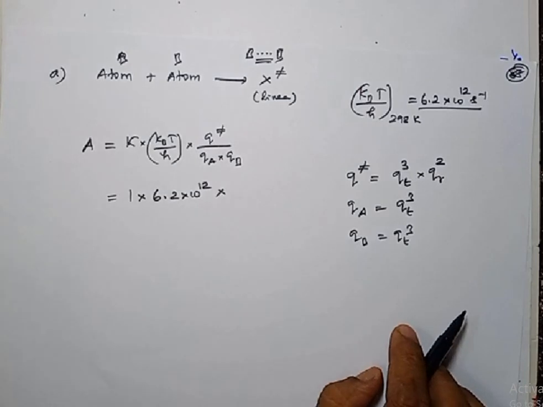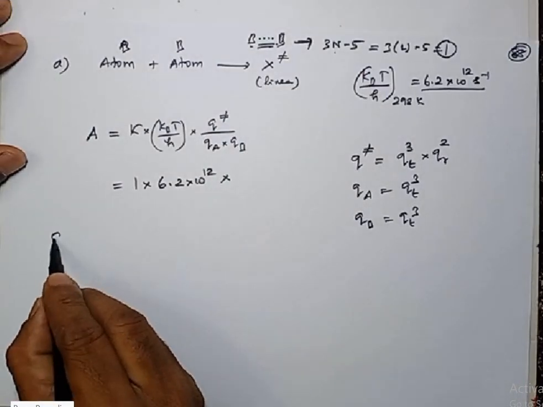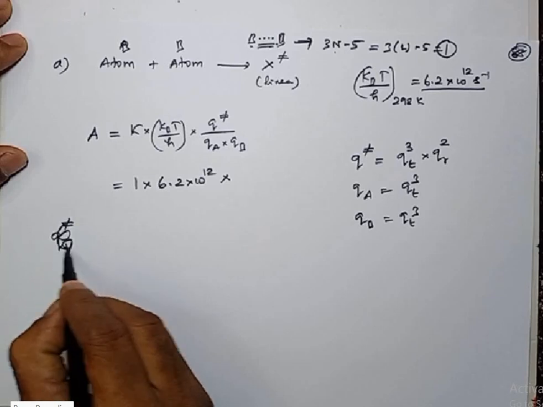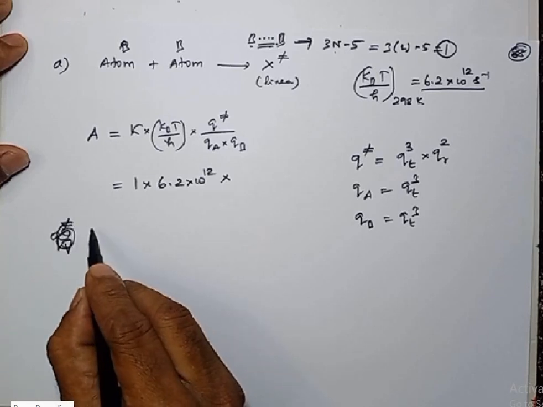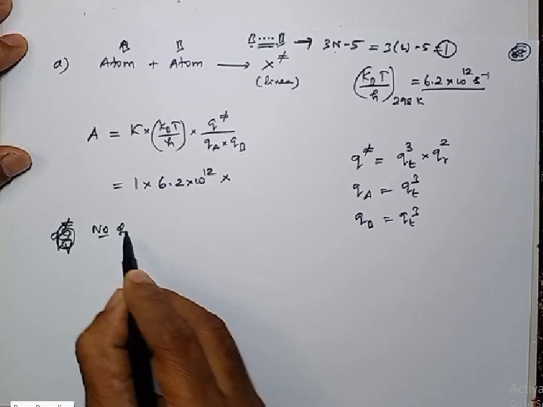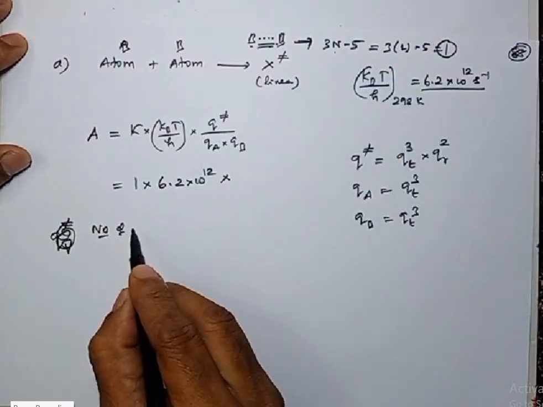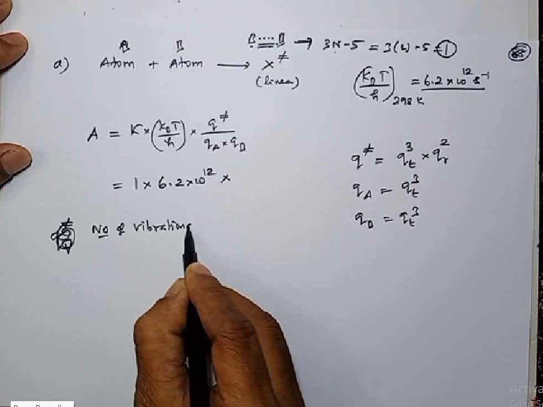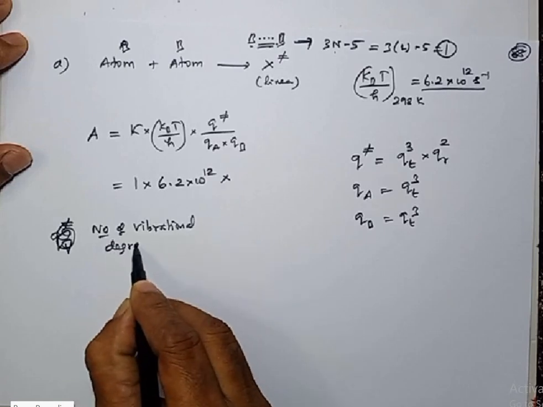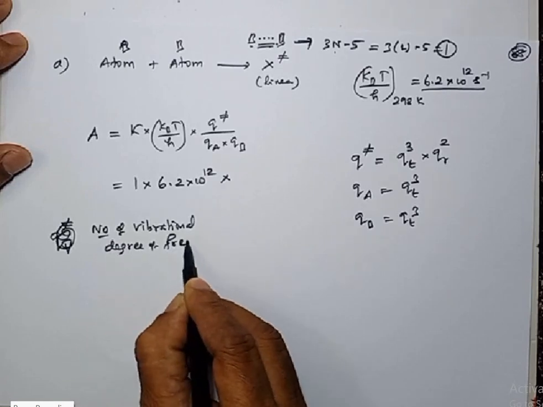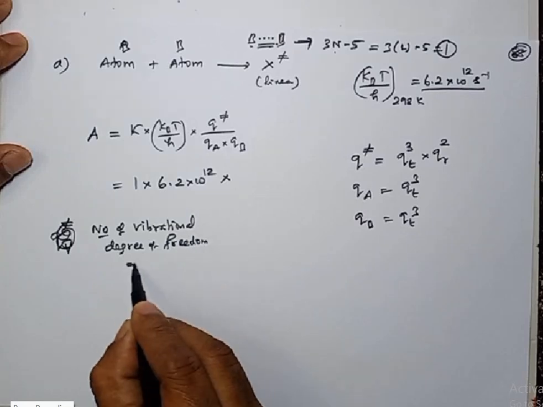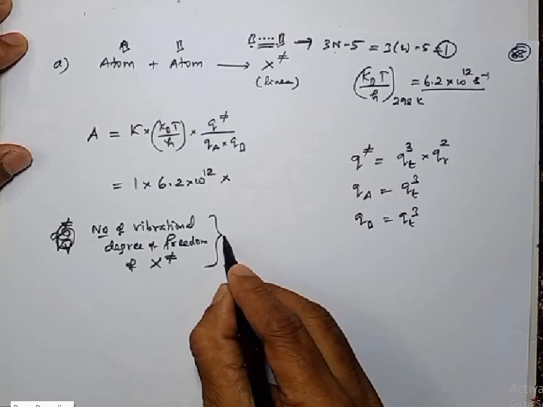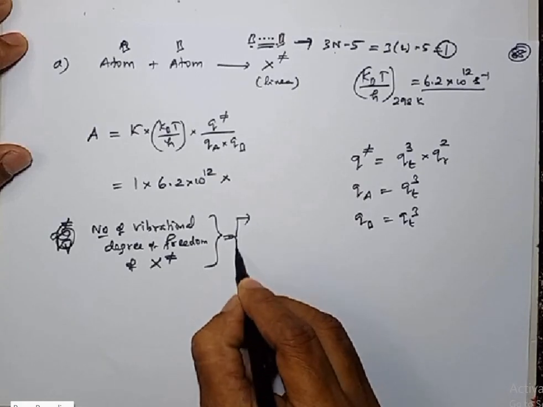Listen. The vibrational partition function for the activated complex. Let me explain this. The number of vibrational degrees of freedom of an activated complex is equal to, we have two equations here.